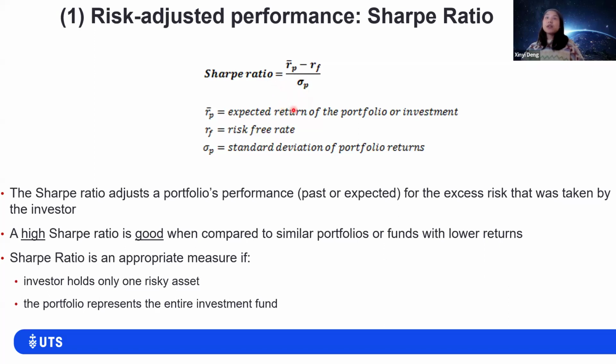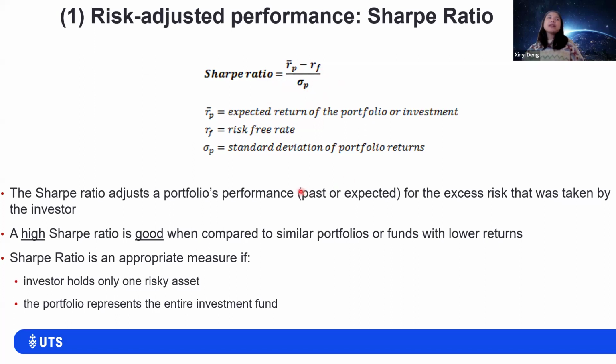As we previously discussed in previous lectures and tutorials, the standard deviation measures the total risk, right? So the Sharpe ratio is the excess return per unit of total risk.